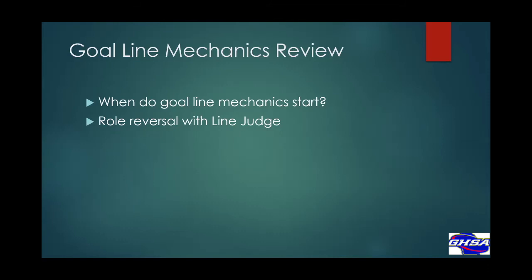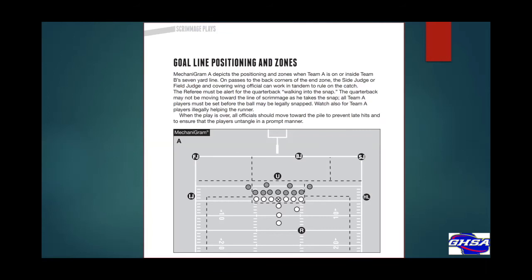Remember, our wings have a lot of additional responsibilities, whether we're talking about going in or going out. There's a role reversal where we assume some of the responsibilities of the line judge and many times of the linesman. Let's talk a little bit about those role reversal responsibilities.